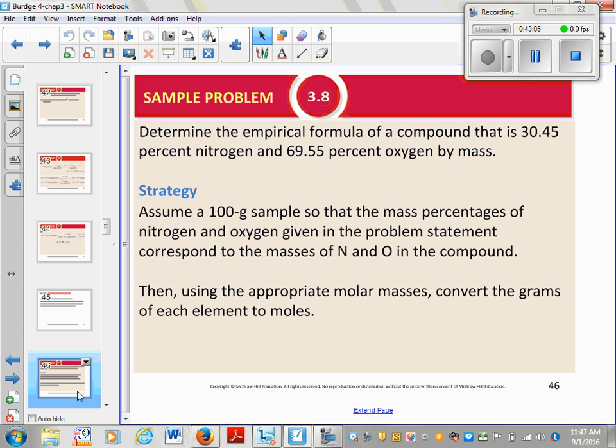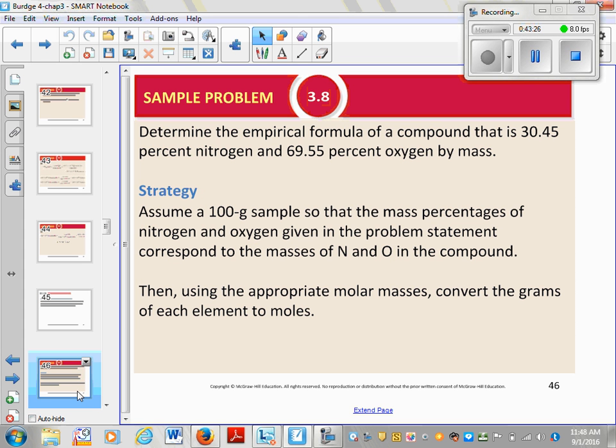Now, elements combine to form compounds not by weight, but by moles. So I have to figure out how many moles of each. I got 30.45 grams of nitrogen, how do I convert it to moles? Divide by the molar mass.